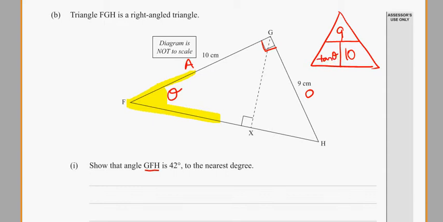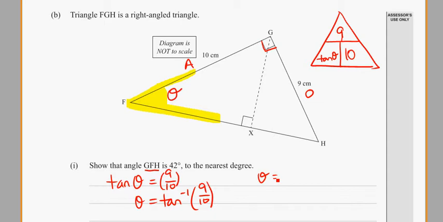Right, so one line of working, or a couple of lines of working, tan theta equals 9 over 10, O over A. So theta is going to equal tan inverse. We're finding an angle. When you find an angle, you need inverse, which gives us a value of 42 degrees rounded to two significant figures, which is what we were supposed to show.